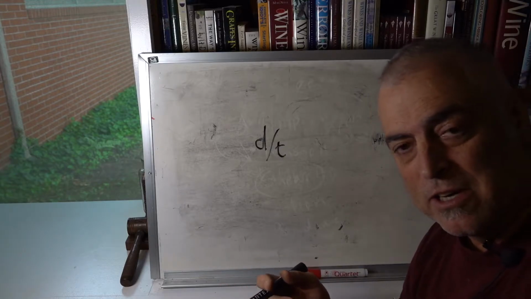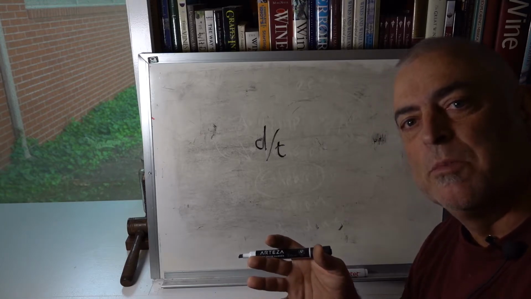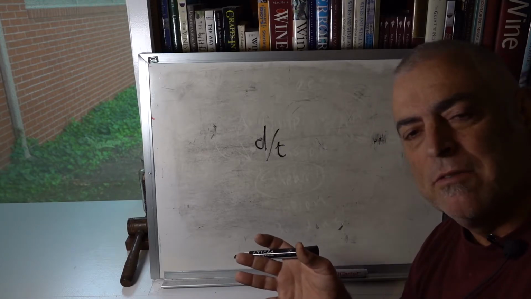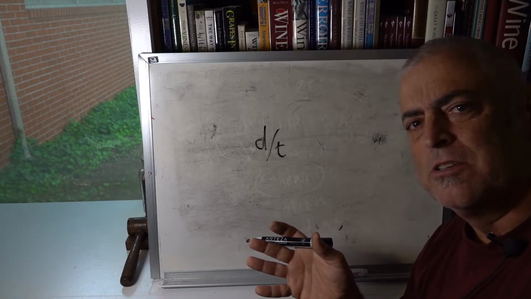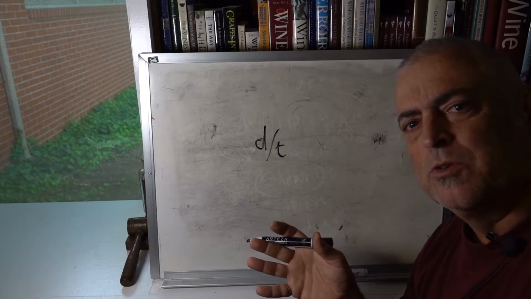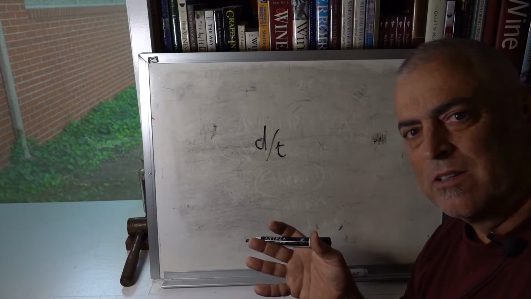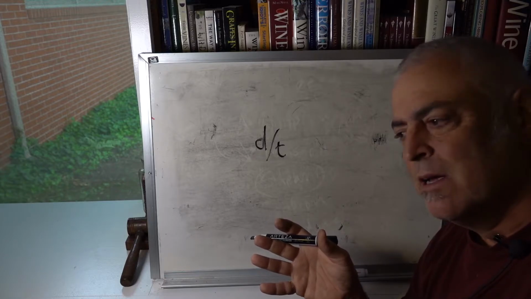Those are all velocities. Now, if you're going down the highway at 70 miles an hour, you don't start at 70 miles an hour. You have to start at 0, right? You get in the car and start driving, and then you step on the accelerator. So the accelerator is going to get you up to that velocity of 70 miles per hour.